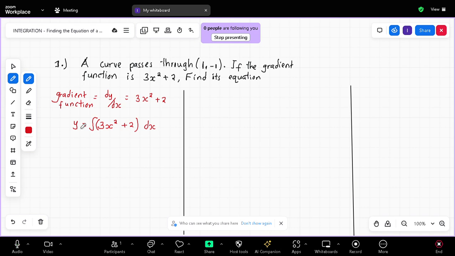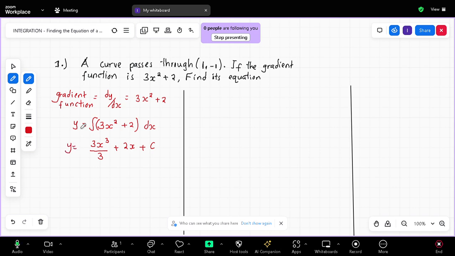So integrating 3x squared, the power increases by 1, that is x cubed over 3, plus 2x. As long as you're integrating, you need to add a constant term called c. So this is the value of y.